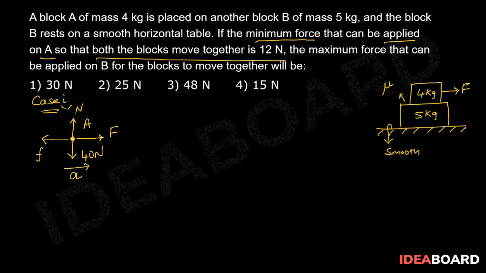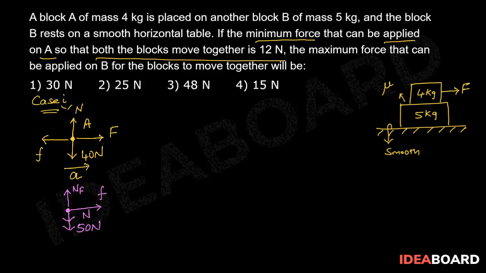Now let us draw the free body diagram of the 5 kg. Its weight, 50 newtons, acts vertically downwards. Normal force given by the 4 kg block will act vertically downwards, and the normal force given by the horizontal floor will act vertically upwards, and by Newton's third law frictional force will act towards the right.